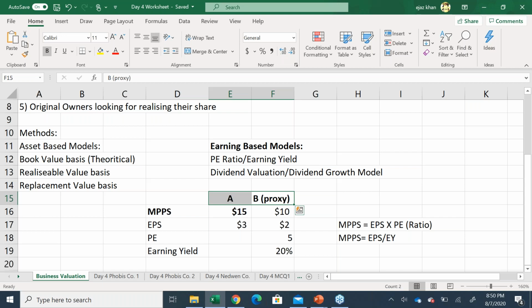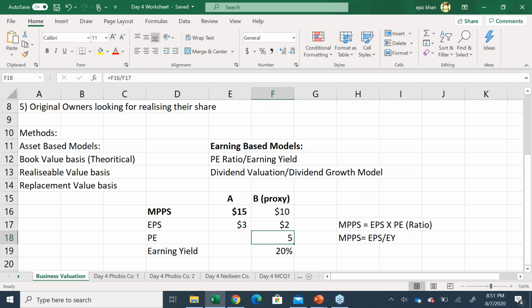So if B company is a listed company and A is not, we do not expect the investor to have the same confidence in A as they have in B, because of the more strict regulations on a listed company. The investor's confidence will always be higher on a listed company than on an unlisted company. Therefore, we don't expect that they will be paying 5 times. So then how will we be valuing it?